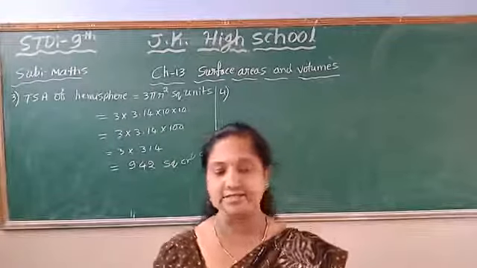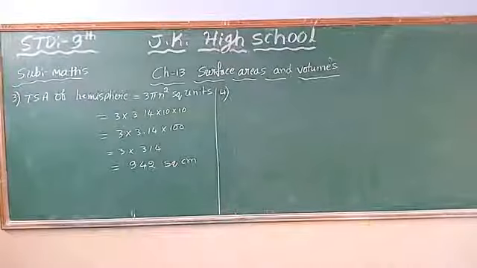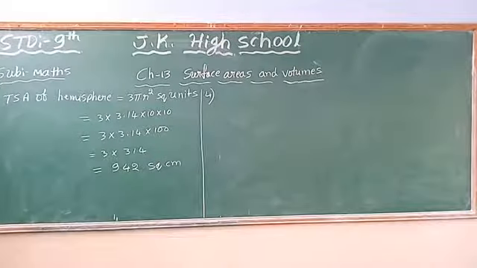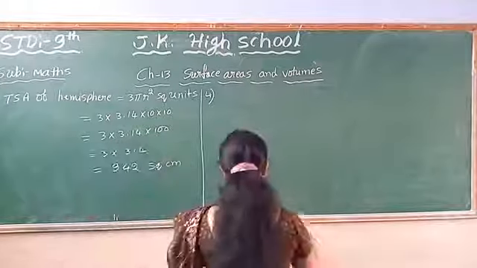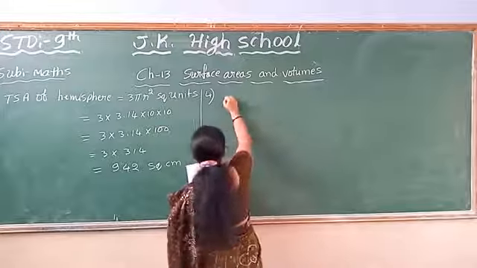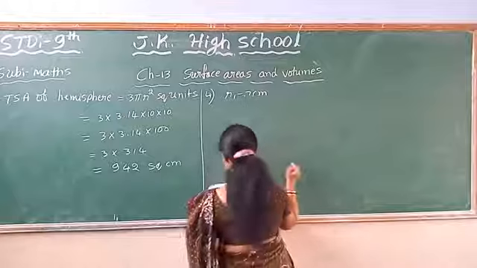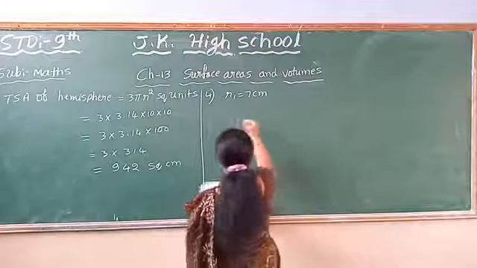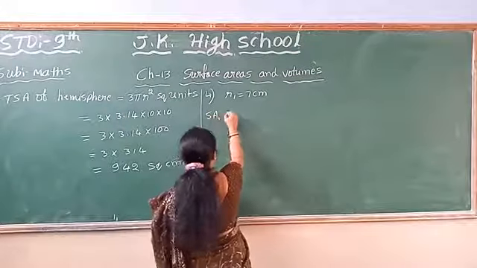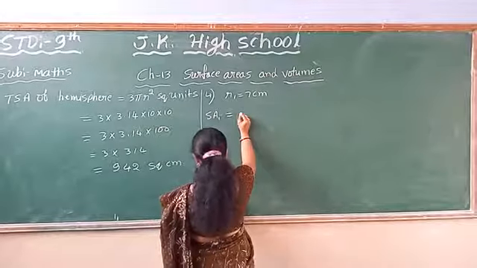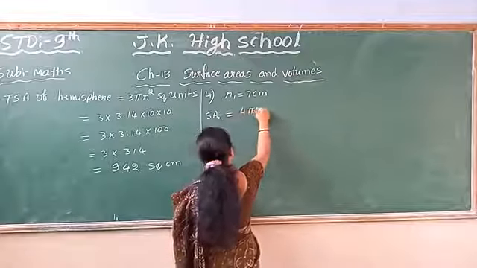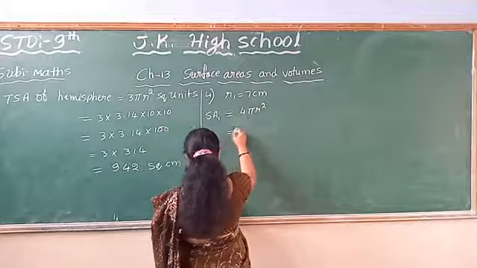So when the radius was 7 cm, call it r1. The surface area of this balloon is SA1. What is the surface area of a balloon?